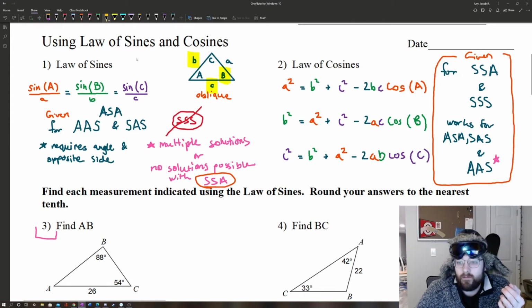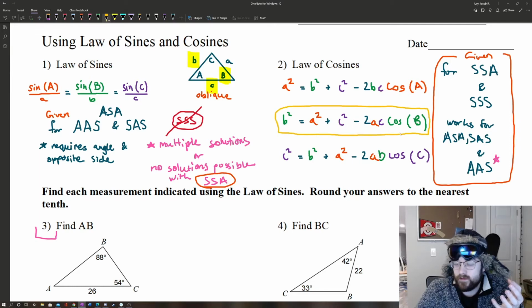So we want to use the law of cosines that has angle B in it. So we're going to use this one right here for this type of equation.